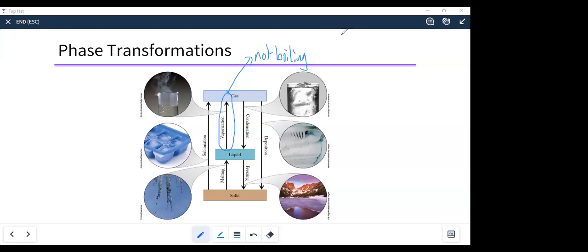Boiling occurs when the vapor pressure of a liquid is equal to the atmospheric pressure. That is what's called the boiling point. Now, the reason we consider 100 degrees Celsius as the boiling point of water is because that is the temperature where we see this phenomenon occur at atmospheric pressure.